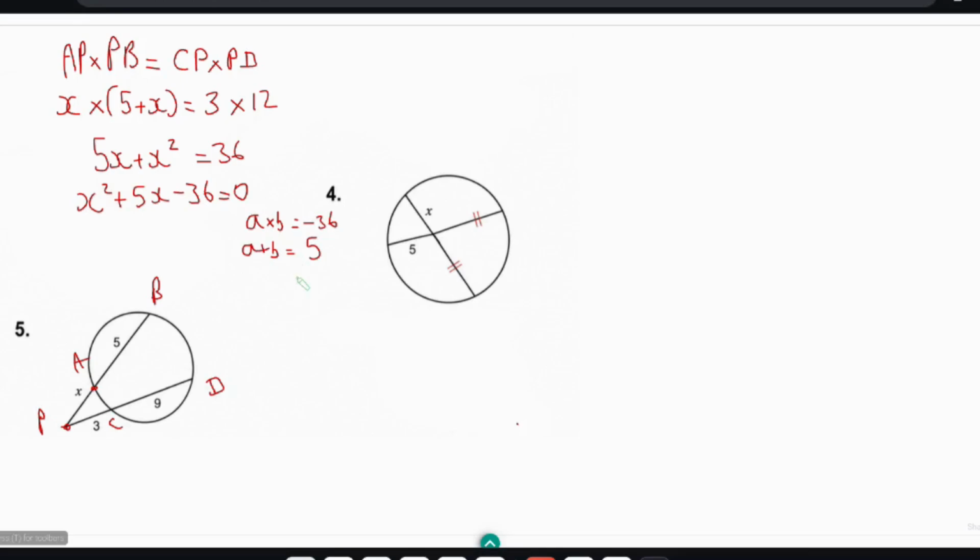That would be 9 and negative 4. So x plus 9, x minus 4, x is equal to negative 9, or x is equal to 4. X must equal 4, positive dimension. Okay, last one.